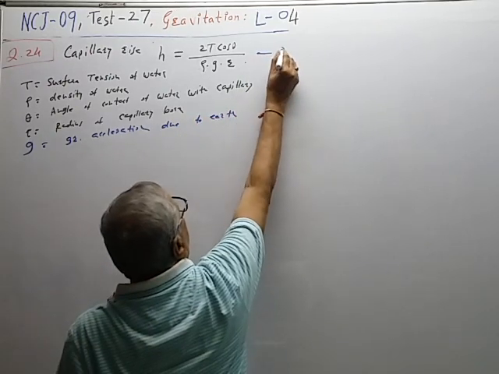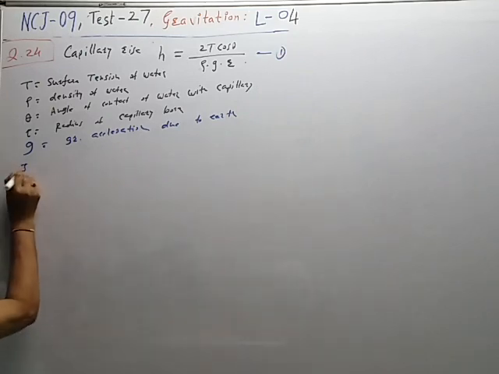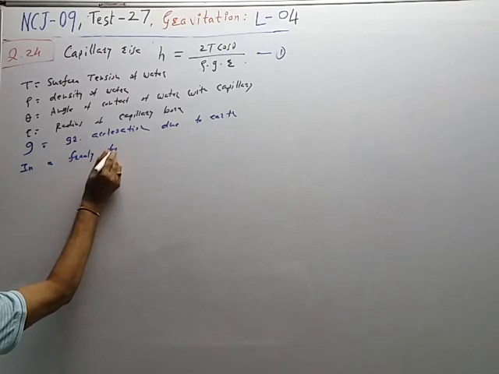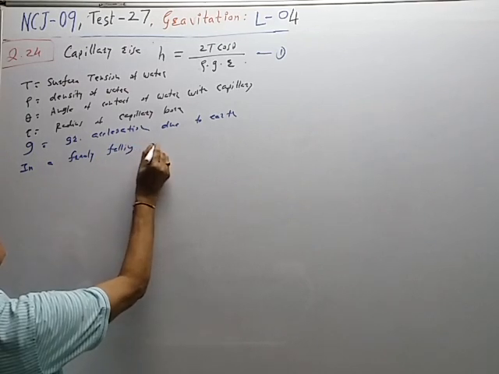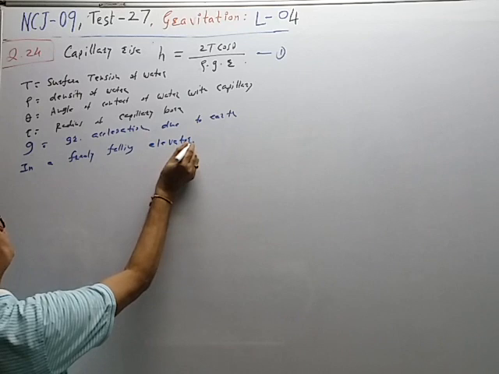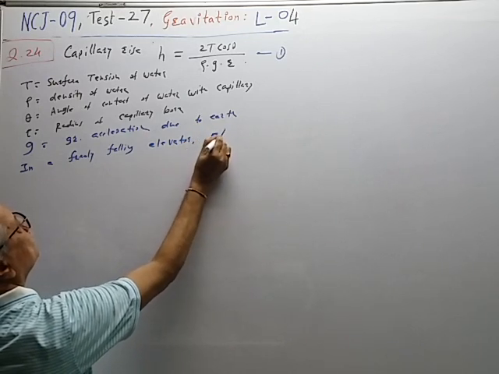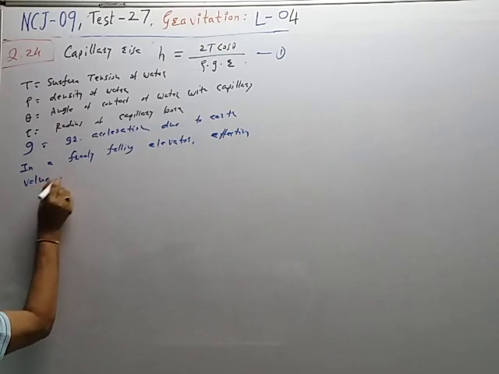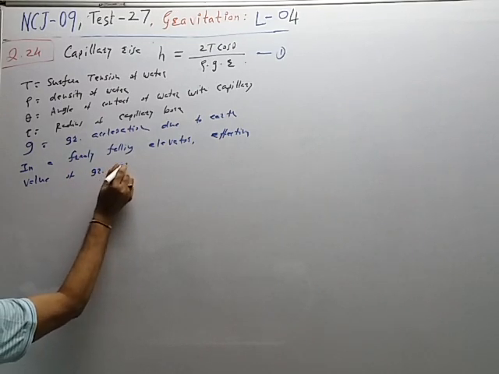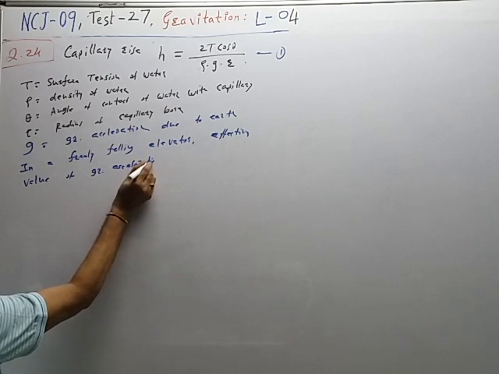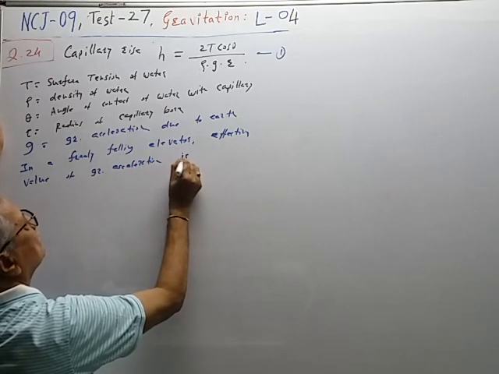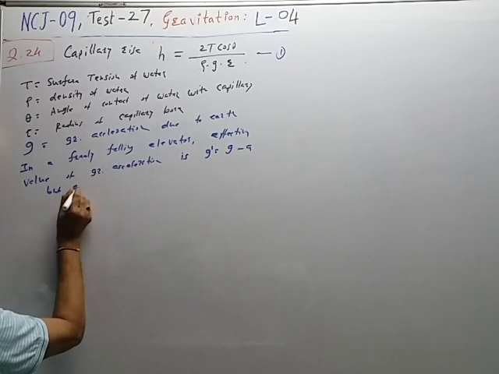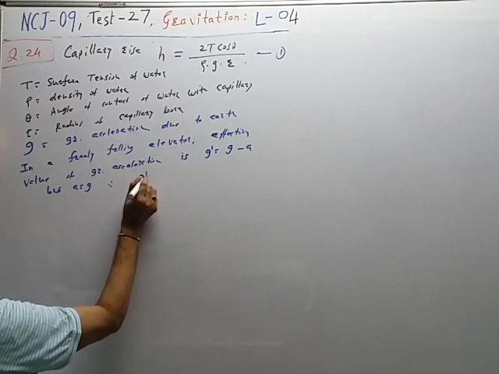So this is question number 4. So in a freely falling elevator lift, the effective value of gravitational acceleration is g dash equals g minus a, but a is equal to g, therefore g dash is equal to 0.